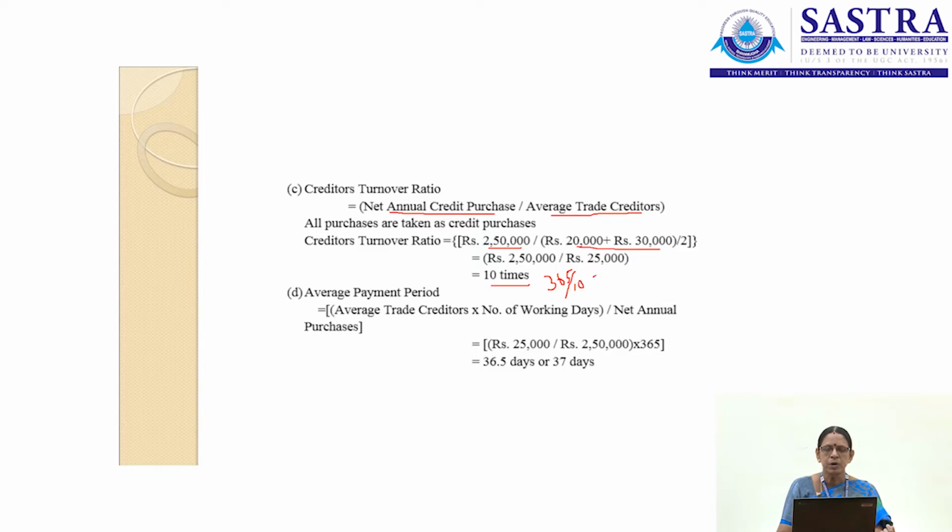We take into account the other formula also, wherein we can directly find out the payment period: average trade creditors into number of working days divided by annual purchases. Average trade creditors we know is 25,000, that is 20 plus 30, 50,000 by 2. So 2,50,000 is your purchases, 365 days we have taken, so it will be 37 days.